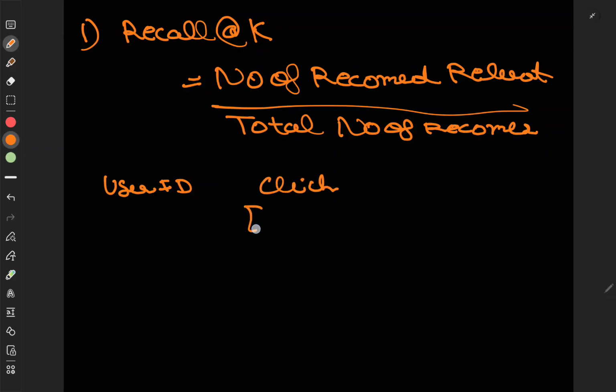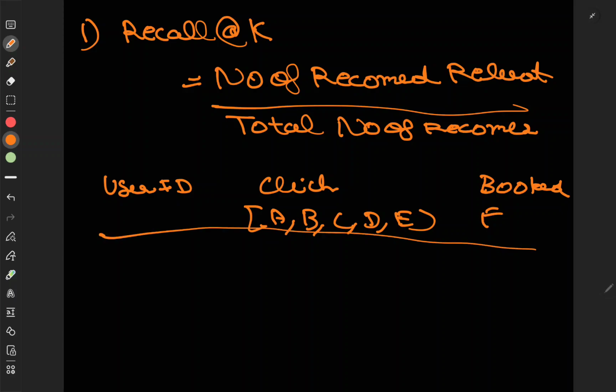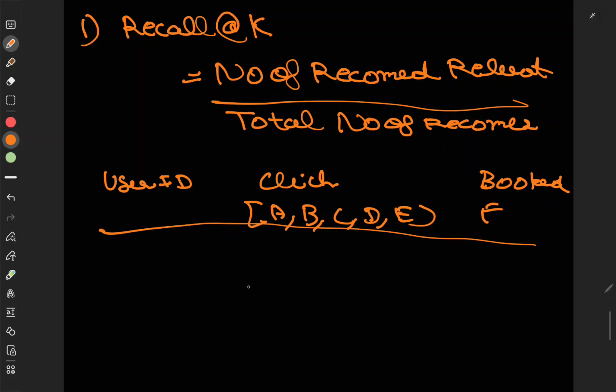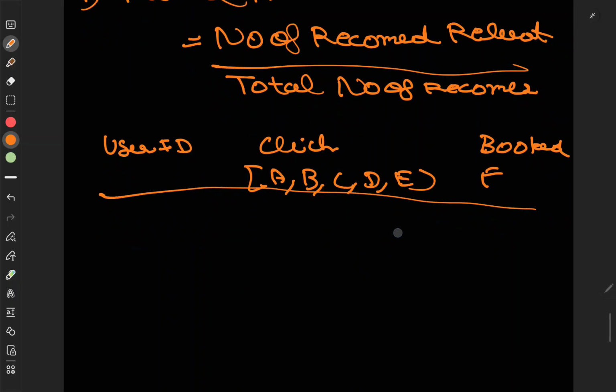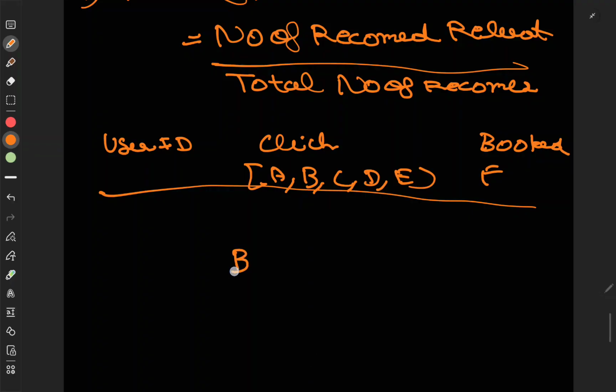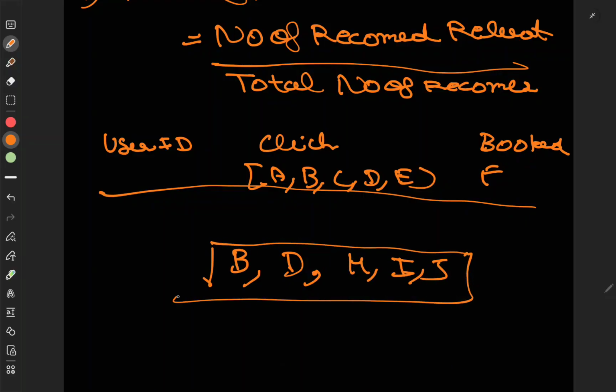Let's say he clicked on A, B, C, D, E, and finally he booked F. You already have this data, and then you made your model. Let's say your model recommends 5 things: B, D, H, I, J.